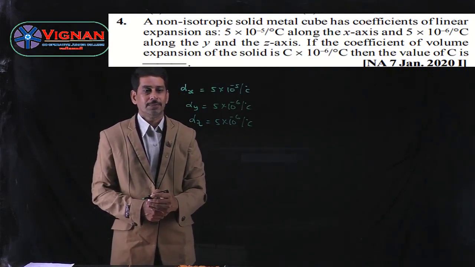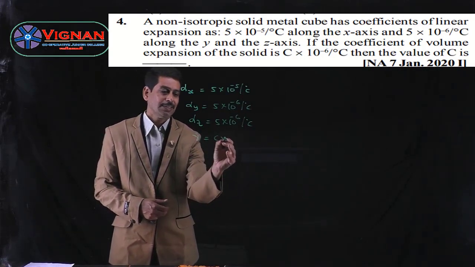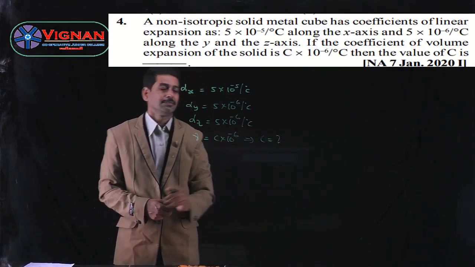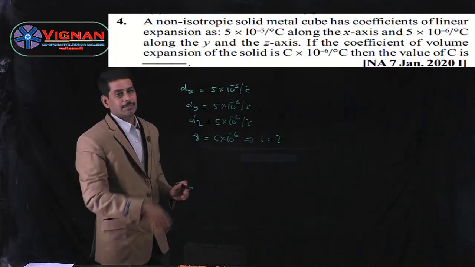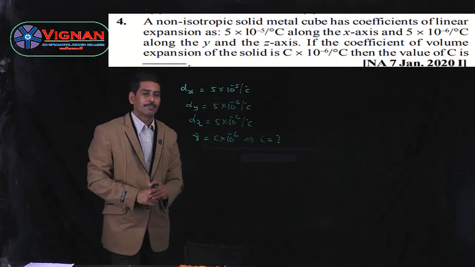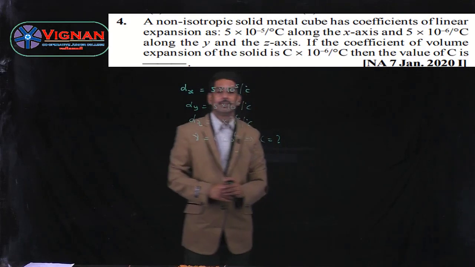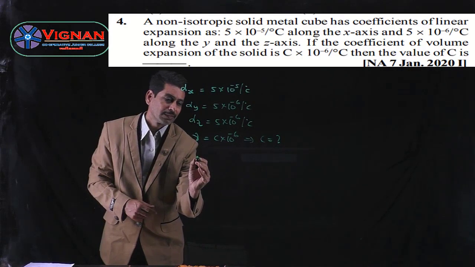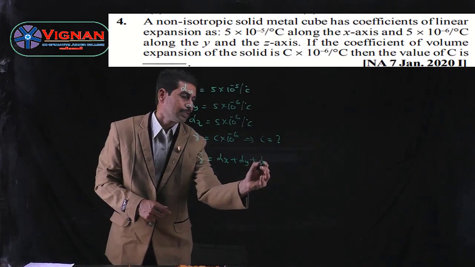And the coefficient of volume expansion gamma is given as c into 10 power minus 6, and we are asked to find the value of c. So here alpha x, alpha y, alpha z are the coefficients of linear expansion in the three coordinate directions, x direction, y direction, z direction. So if there are alpha values in three directions, then the coefficient of volume expansion gamma is nothing but alpha x plus alpha y plus alpha z.